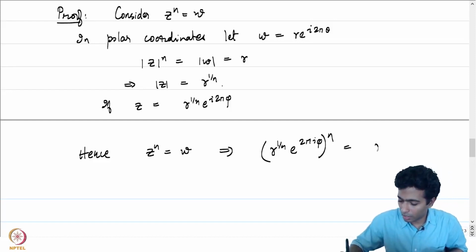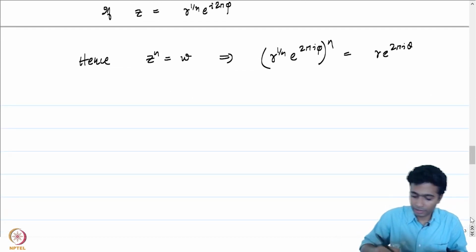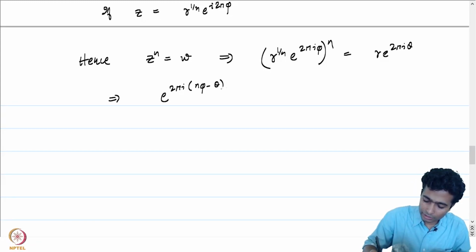This is equal to r e to the power 2 pi I theta, and by a similar argument, r is a positive number, so r to the power 1 by n to the power n is equal to r, and the r's cancel. This gives us that e to the power 2 pi I n phi minus theta is equal to 1.